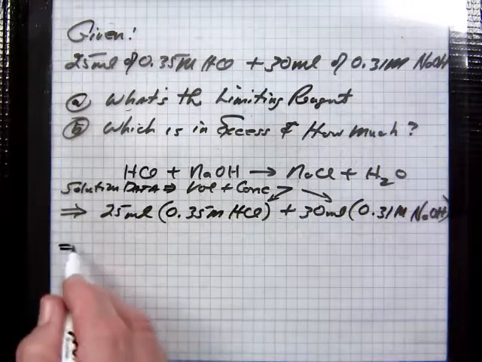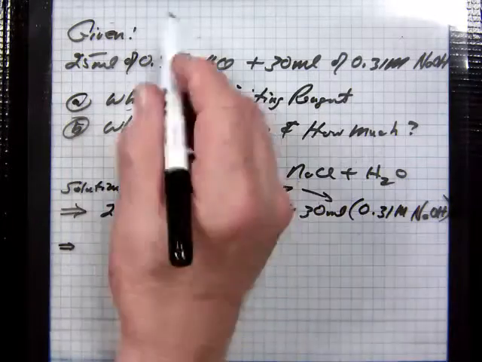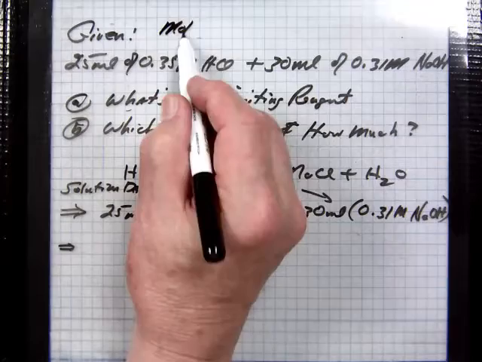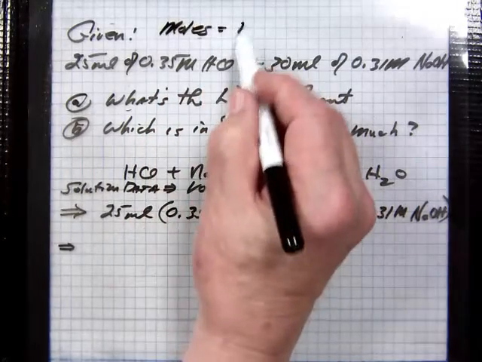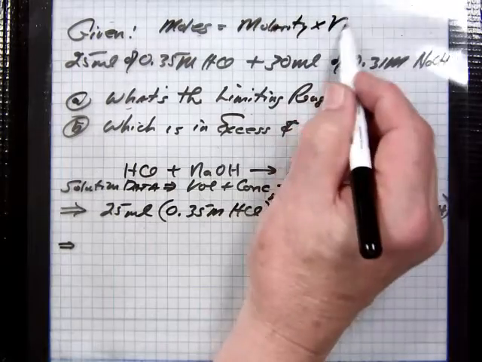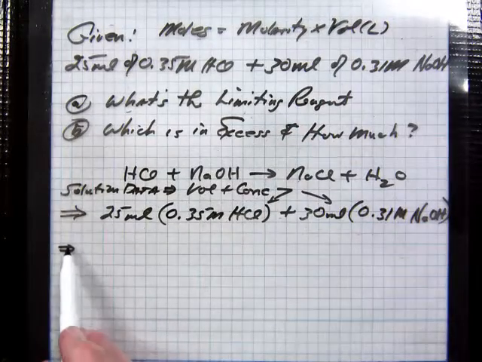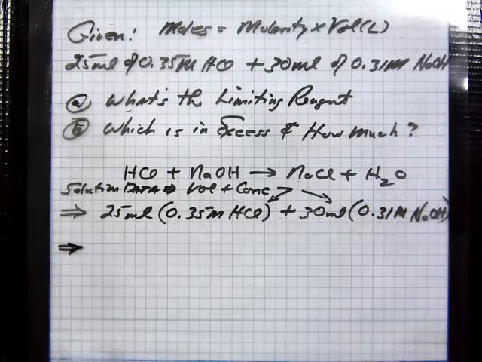How do you get to moles? Well, I said earlier, moles in solution is molarity times volume in liters. So I'll put another little pointy arrow there and convert that to liters.